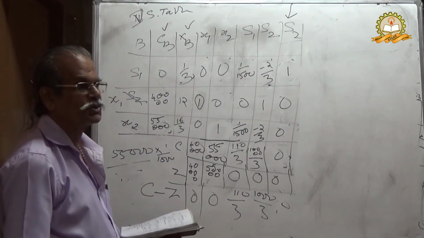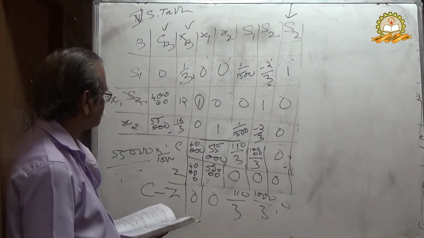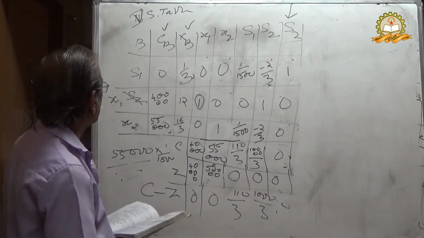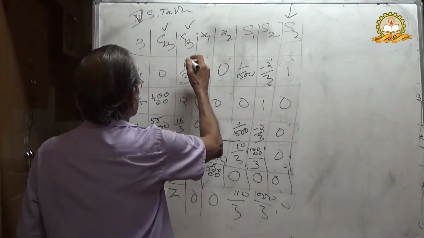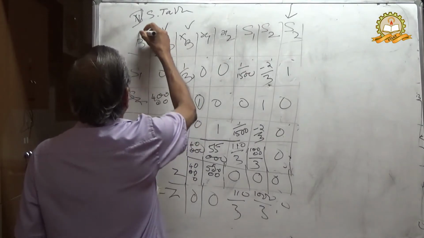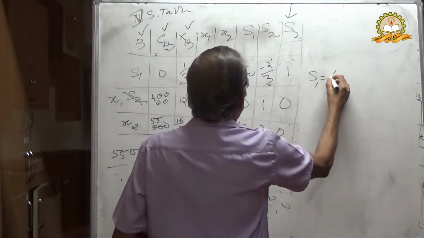Our solution is optimum with values. You are comparing these two, S1 equal to 1 by 3.